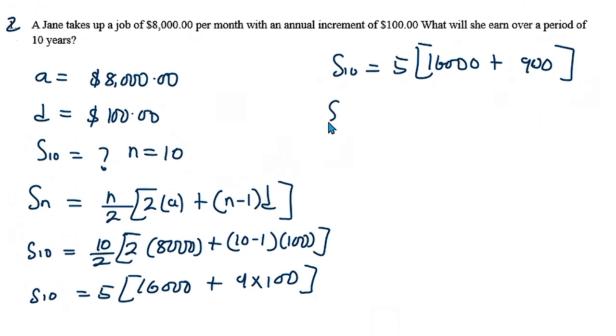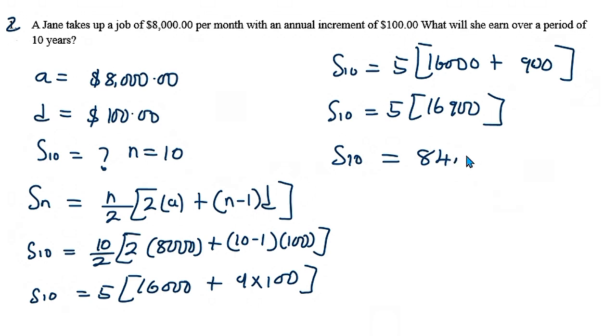So this will be S of 10 equals 16,900, right? And if you multiply this by 5, you are going to get 84,500. So this in 10 years will be 84,500, right?